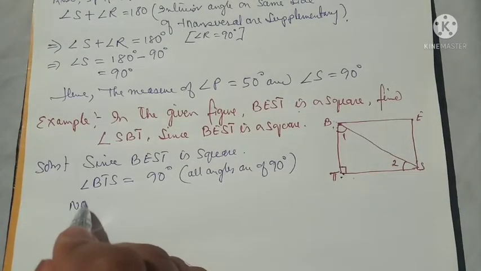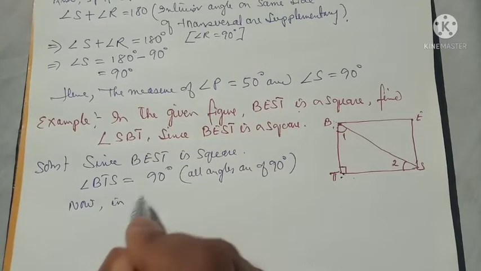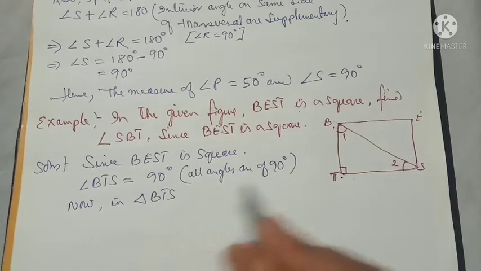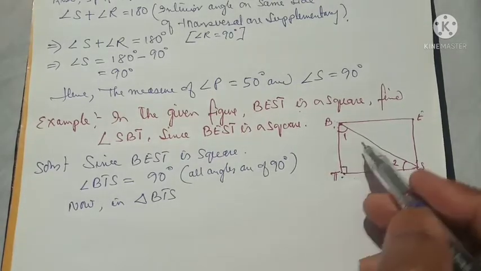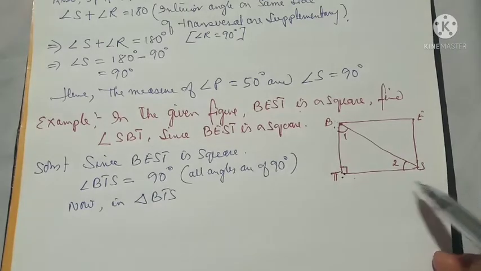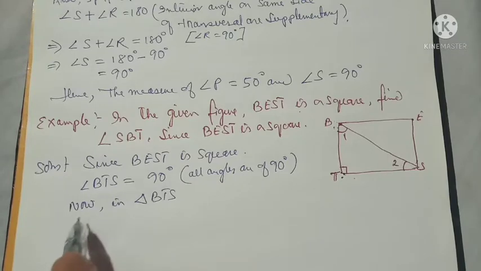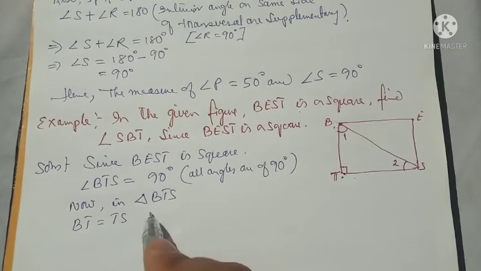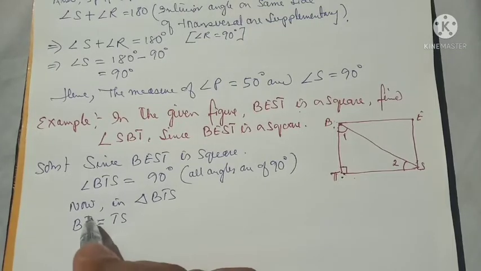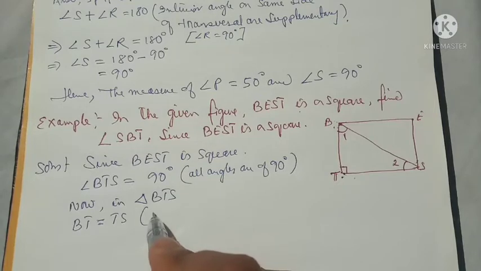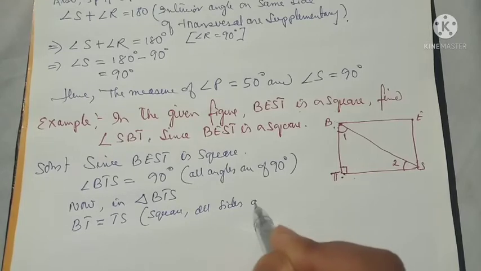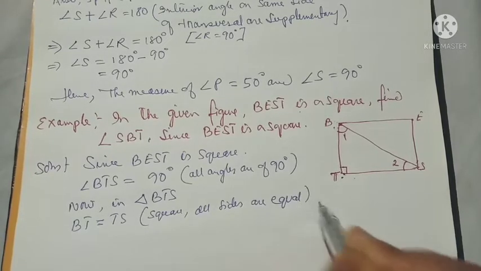Now again, in triangle BTS, BT is equal to TS, because in the square all sides are equal. All sides are equal. Understand?